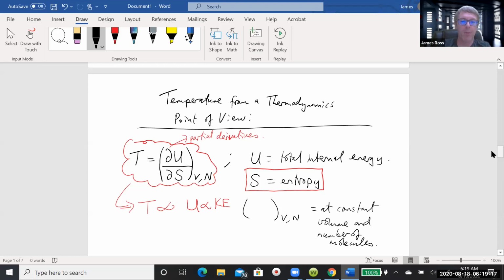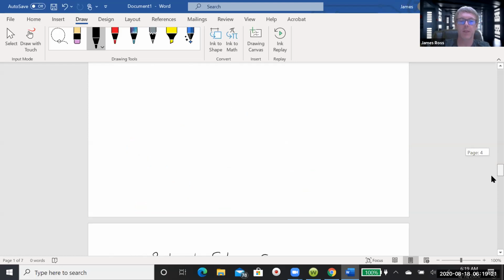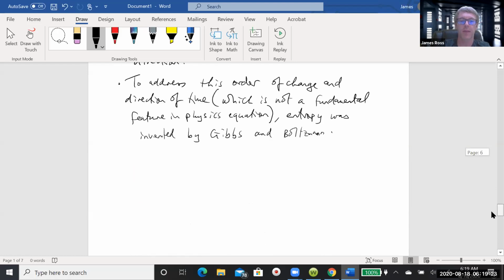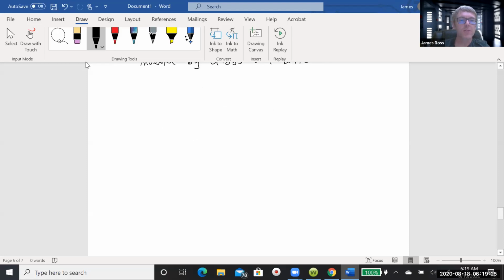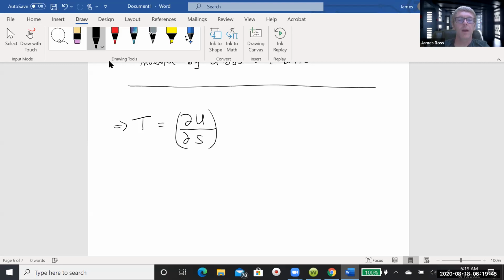So temperature is proportional, let's write that again right at the end. So just to remind everyone, temperature, we said, was the partial of total internal energy over the partial of entropy, at constant volume and constant number.